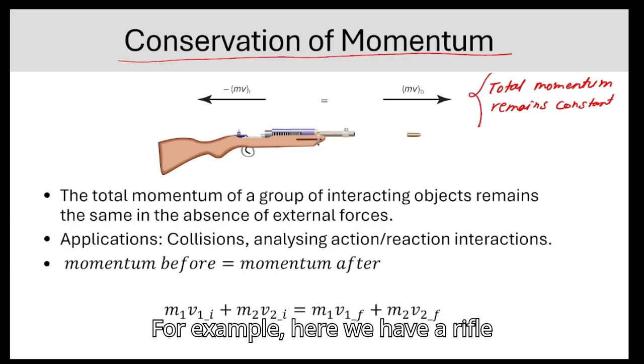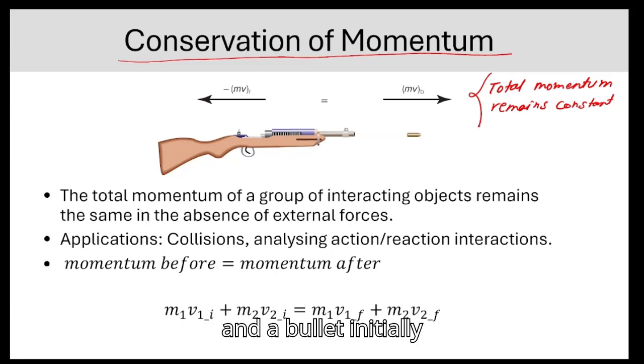For example, here we have a rifle and a bullet. Initially, before being fired, the rifle and the bullet have a total momentum P equals mv.